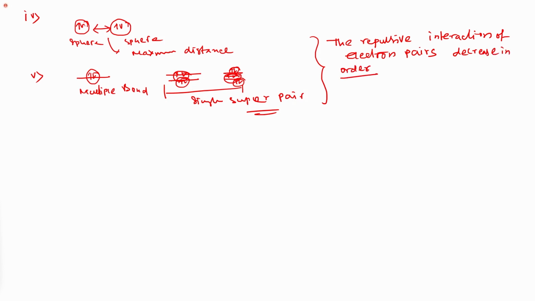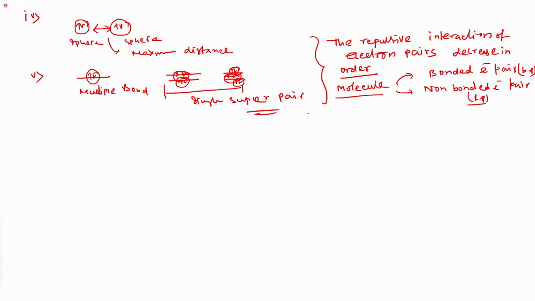In molecules, there are always bonded electron pairs and non-bonded electron pairs, that means the lone pair. So it is BP and it is LP.